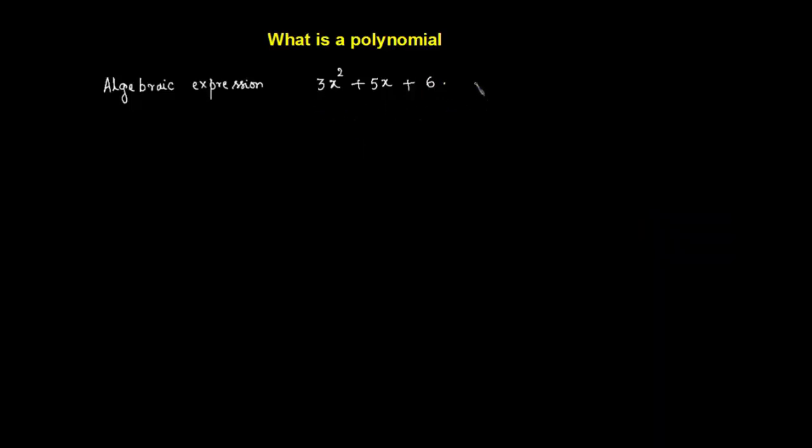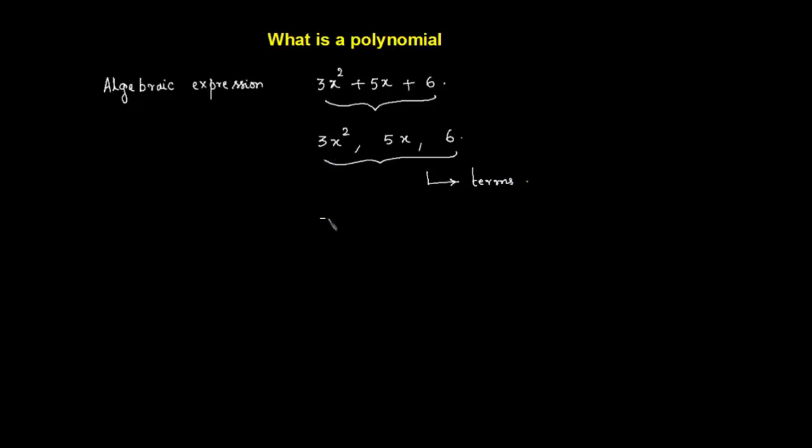So now what does this algebraic expression have? You can see that this is a combination of 3x square added to 5x and then added to 6. Now these three separate expressions, that is 3x square, 5x and 6, are called as the terms of the algebraic expression.